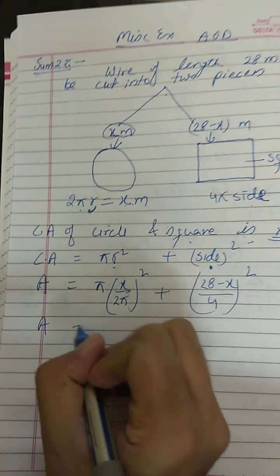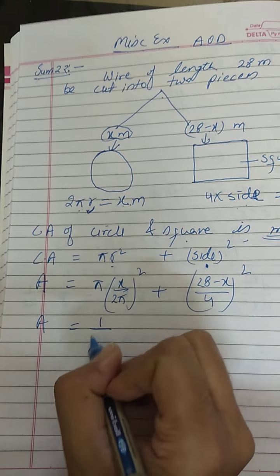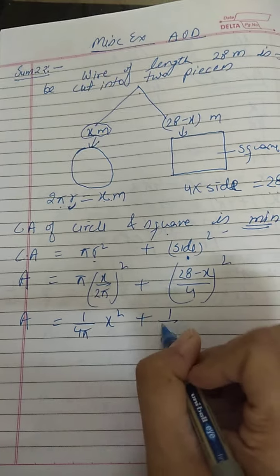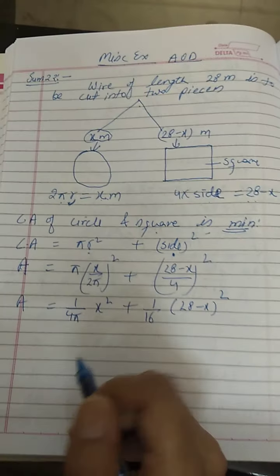If we simplify, 1 pi will get cancelled, and here we get 1 upon 4 pi x square, and here we get 1 by 16 into 28 minus x whole square.